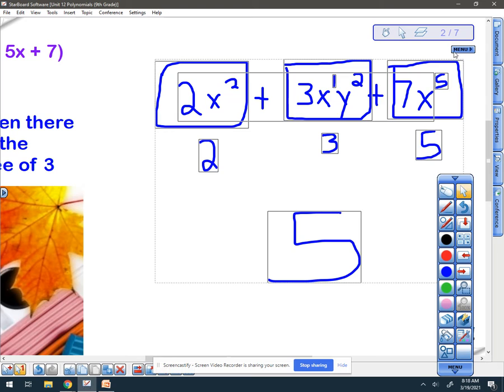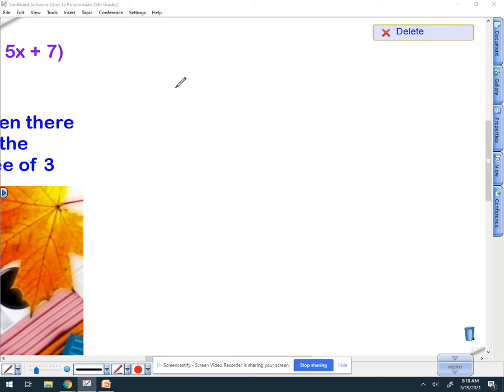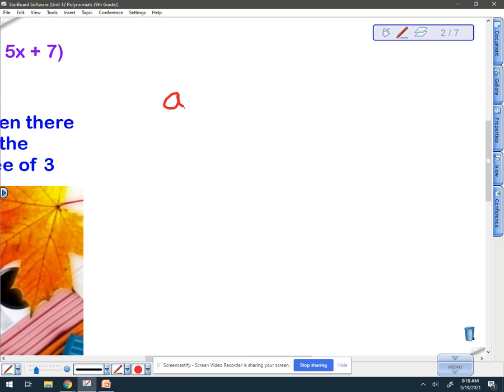All right, let's look at another one. You've got a squared b minus 3a to the fourth plus 8a squared b cubed.